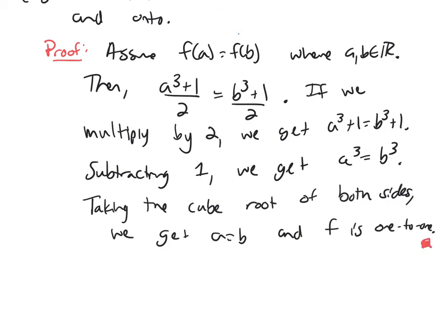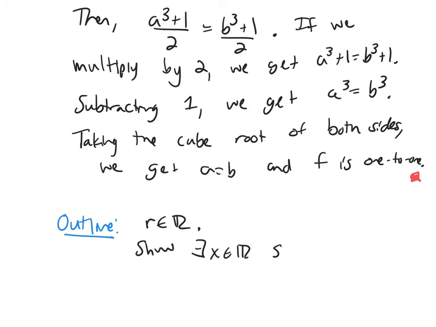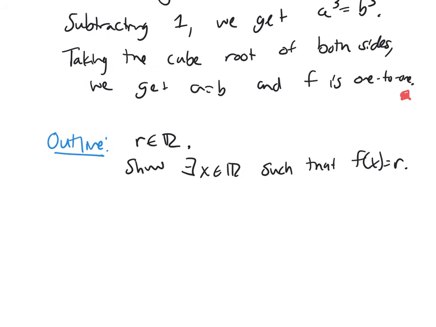So now we need to prove that it's onto. So we're going to start with our outline for onto. We're going to pick an R in the real numbers, and we need to show that there exists an x in R such that f of x equals R. So we need to find this value of x.